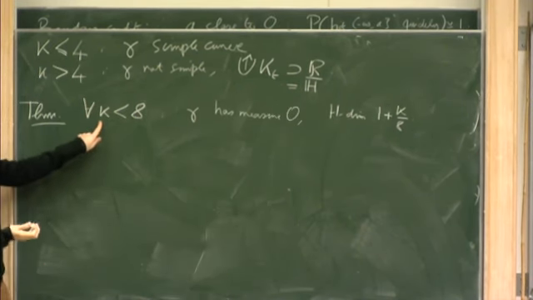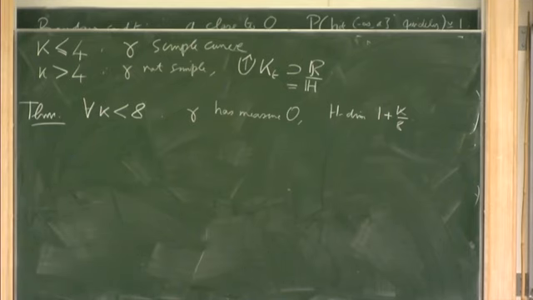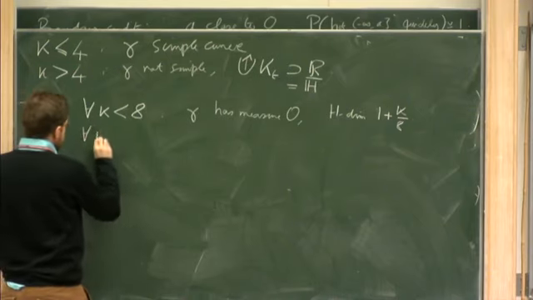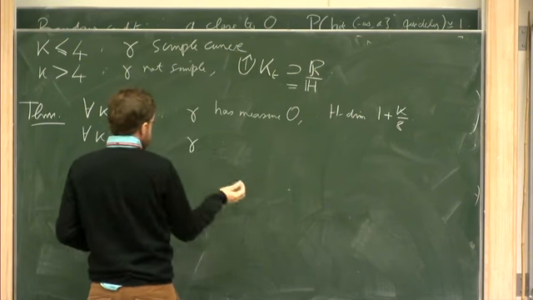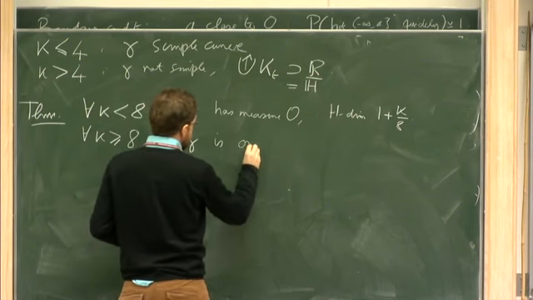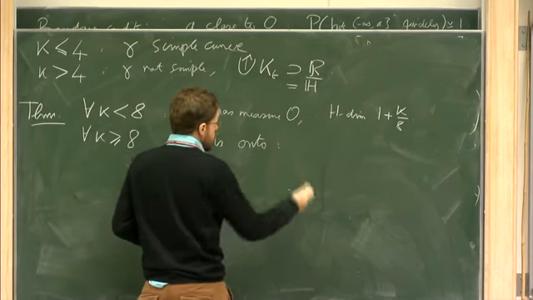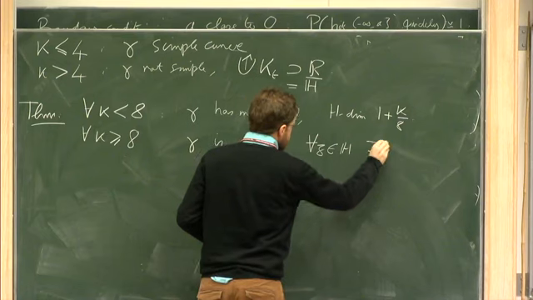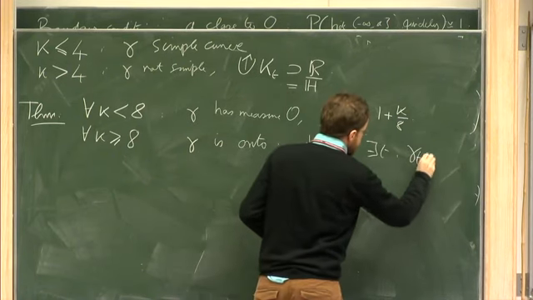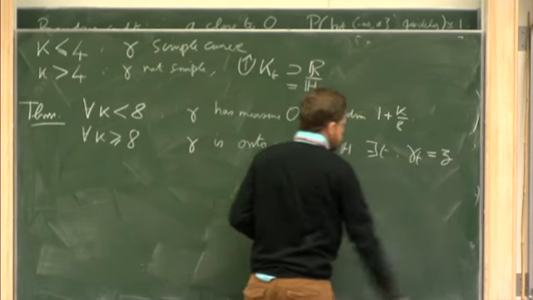And sometimes it has double points if kappa is bigger than 4, sometimes it doesn't, but it's a curve like you want to draw a curve. It's not completely wild. And on the other hand, whenever kappa is bigger than 8, gamma is onto. So whenever z is in H, there is a time at which gamma_t is equal to z.